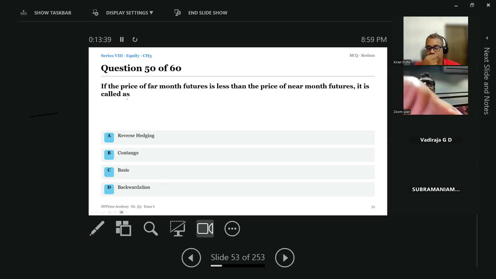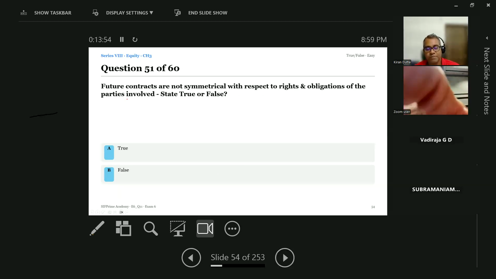The price of 4-month futures is less than the price of near-month futures. It is called, we just did this, backwardation. Right, everyone? Futures contracts are not symmetrical with respect to rights and obligations of the parties involved. True or false?